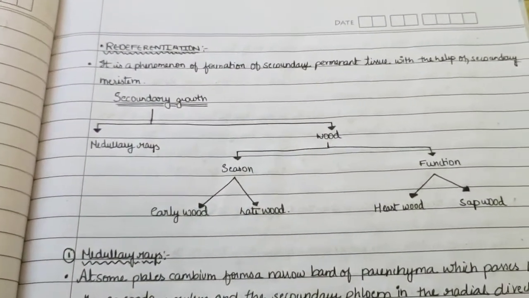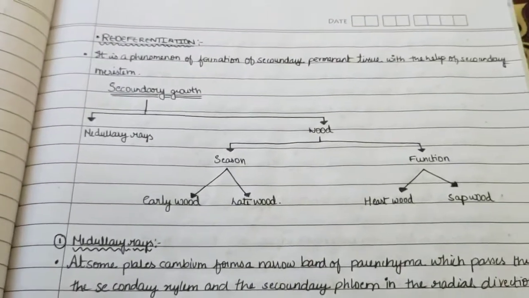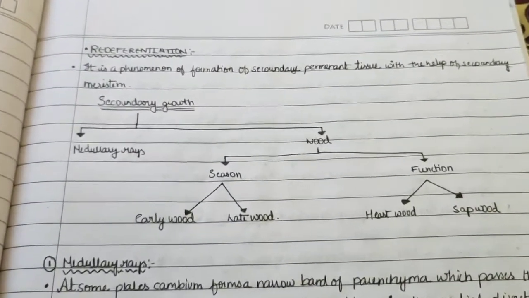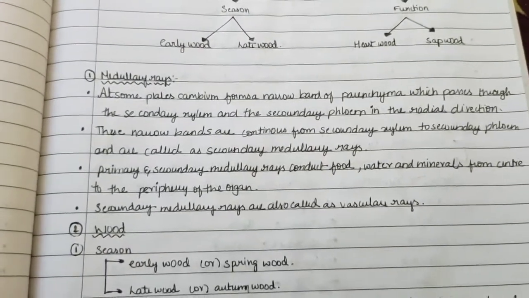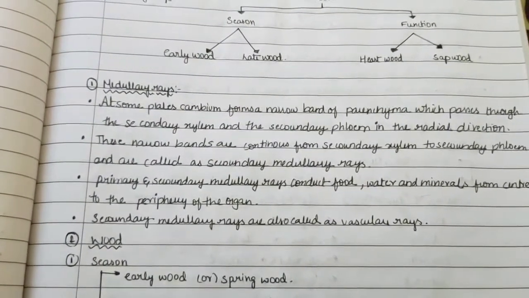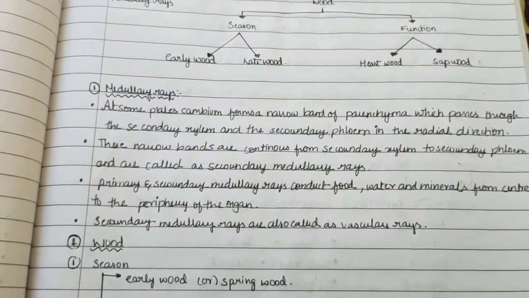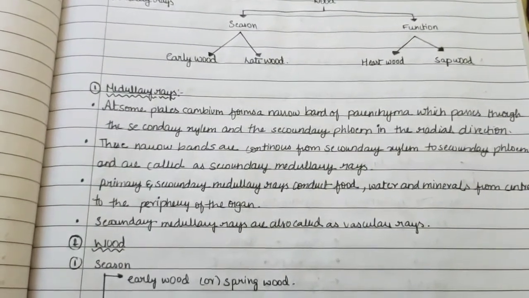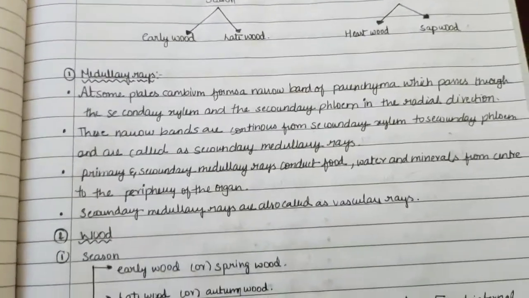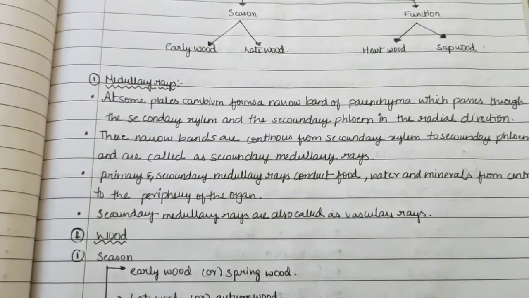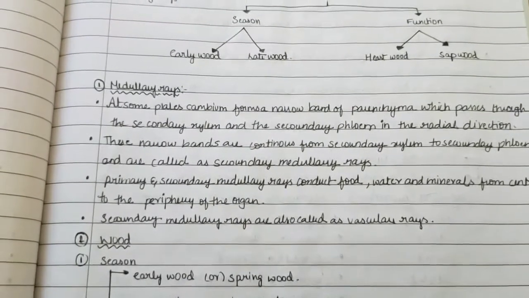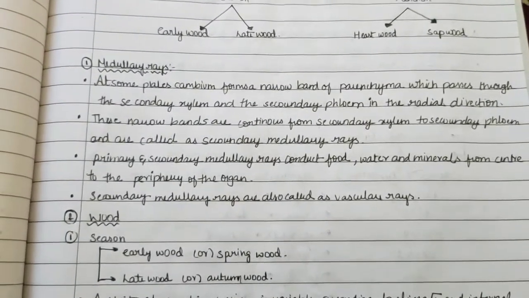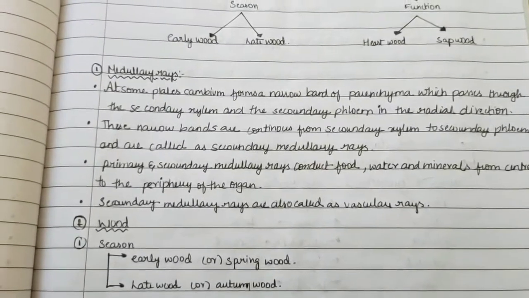Now secondary growth products are of two types: medullary rays, and wood. Wood is again divided into two types, seasonal and functional. In seasonal we have early wood and late wood, and in functional we have hardwood and softwood. First let us discuss medullary rays. At some places cambium forms a narrow band of parenchyma which passes through the secondary xylem and the secondary phloem in a radial direction.